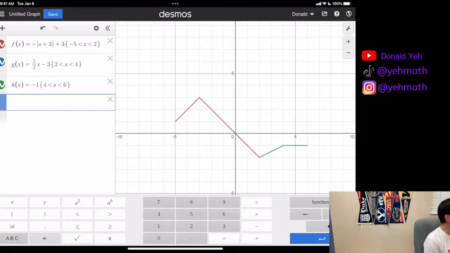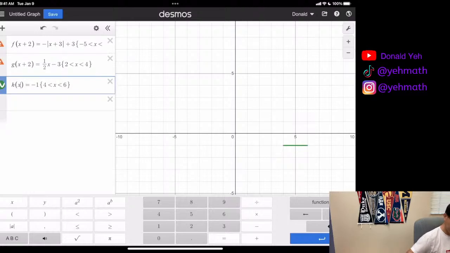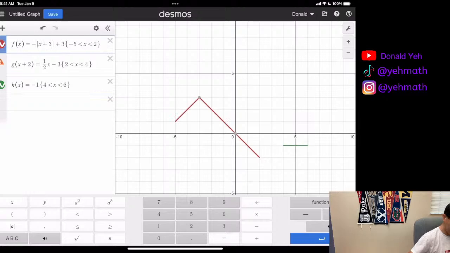Beautiful graph. Now all you gotta do is do transformation. Look at it. If I say it's +2 on all of them, is one question asking you to do +2? Oh, -2? Okay, sorry, you don't do it here.